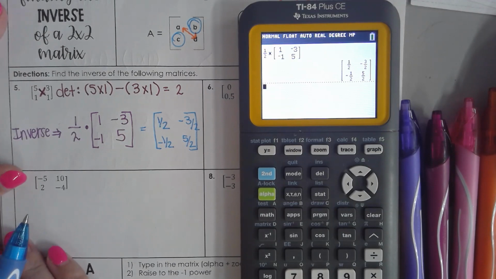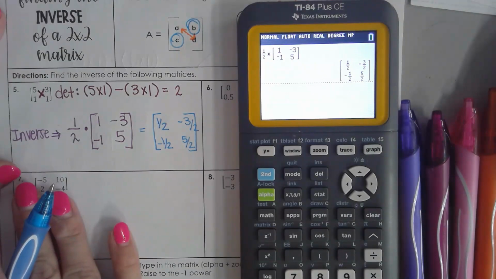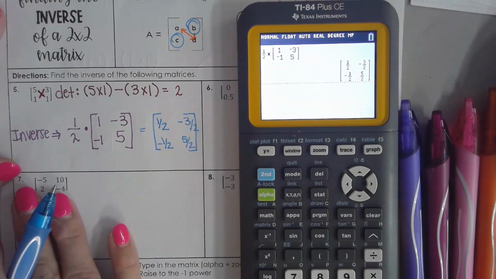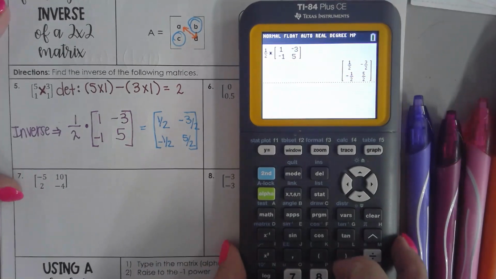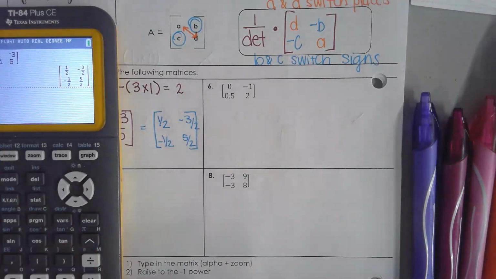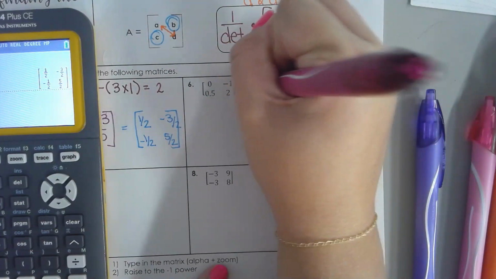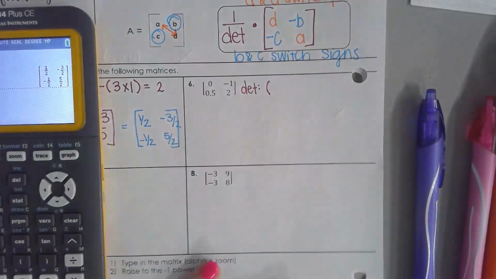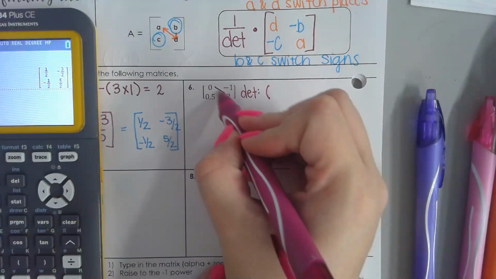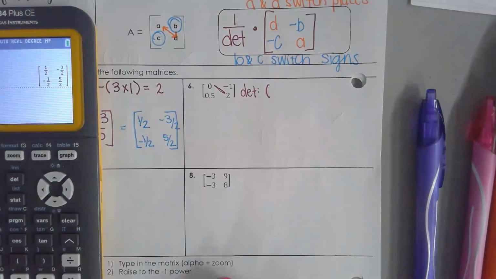Any questions that you can think of so far about this? Let's try number 6. We start out by doing the determinant of the original matrix, not before you flip it.